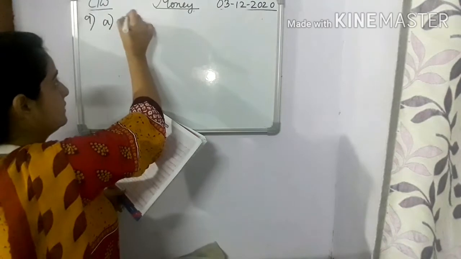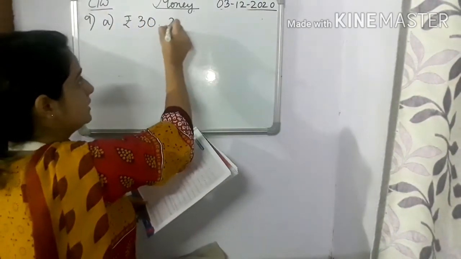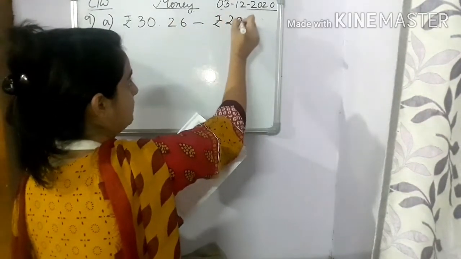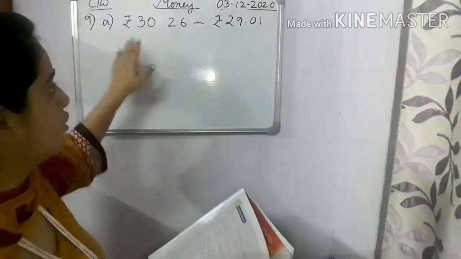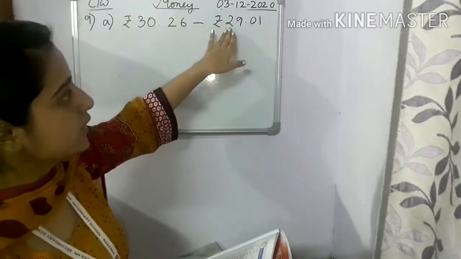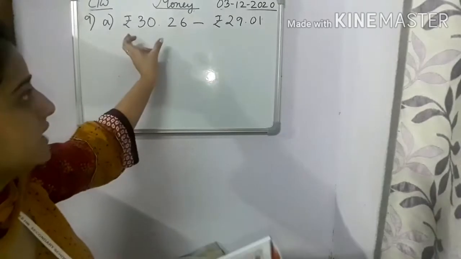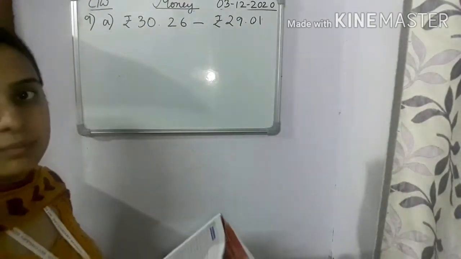Rupees 30.26 minus rupees 29.01. So this is the question: rupees 30 and 26 paise minus 29 rupees and 1 paise, right? We are going to arrange this first, and the next one will be arranged below rupees 30.